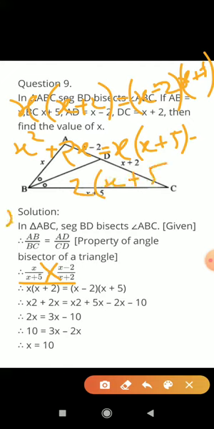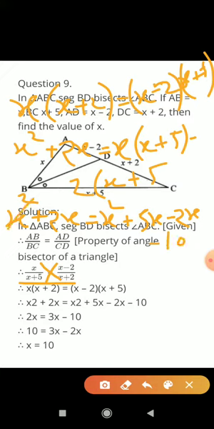So here x square plus 2x as it is, then x into x square, x into 5, 5x, then minus 2 into x, 2x, and minus 2 into 5, 10.